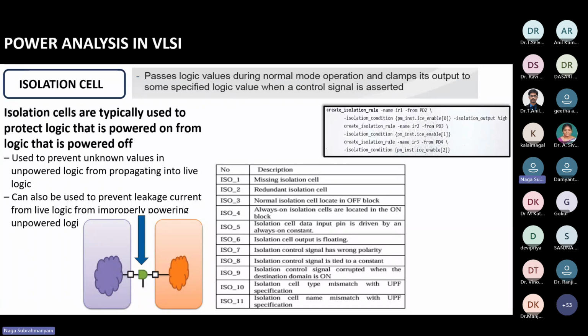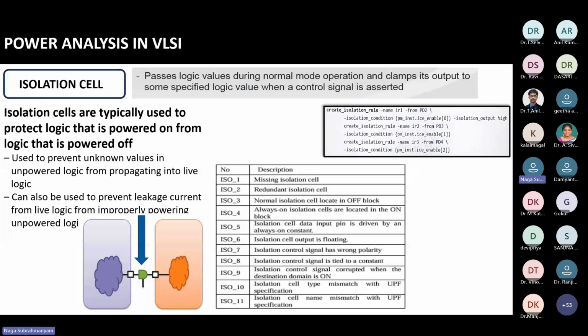If it is not in working mode, suppose this is not in active mode, the isolation cell will separate those two logic blocks from each other, and it will make whatever block needs to work operate independently. Whatever required signals are there, the isolation cell will produce. Because of this isolation cell, we can cut off the power to the blocks which are not working.